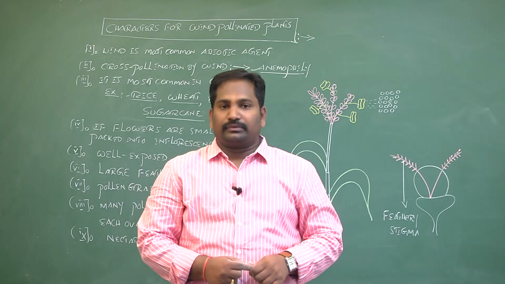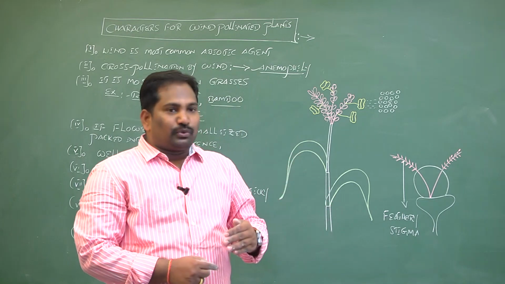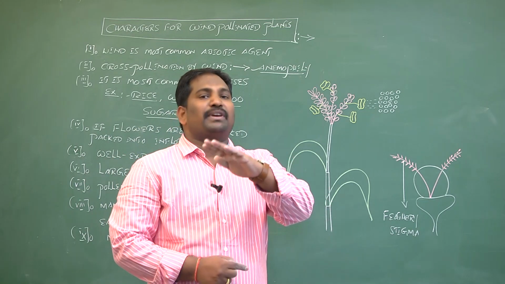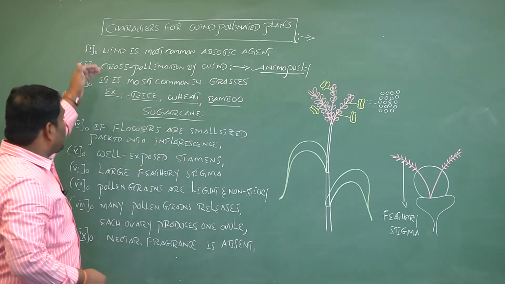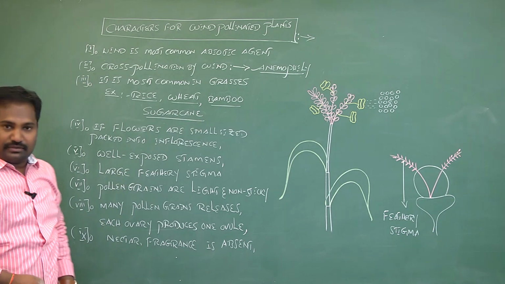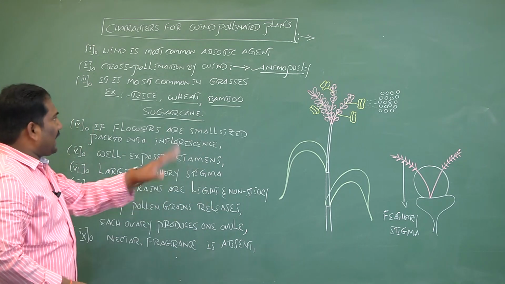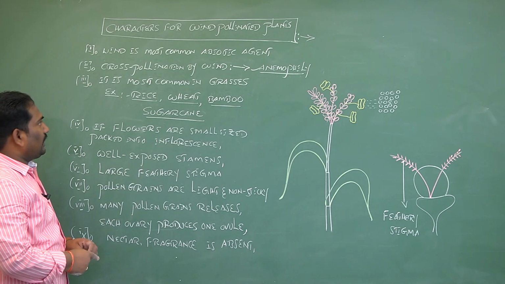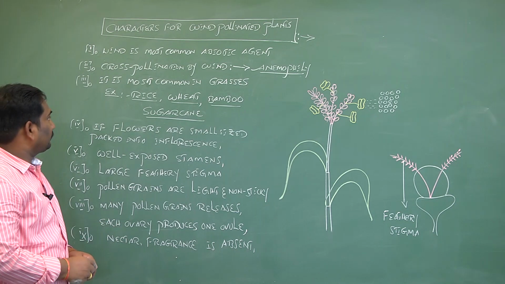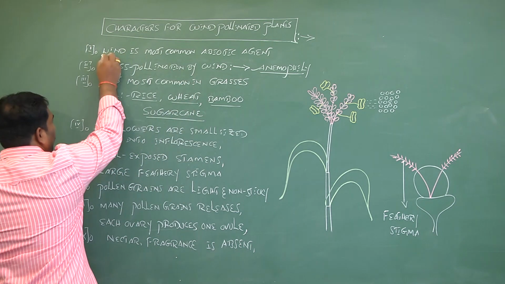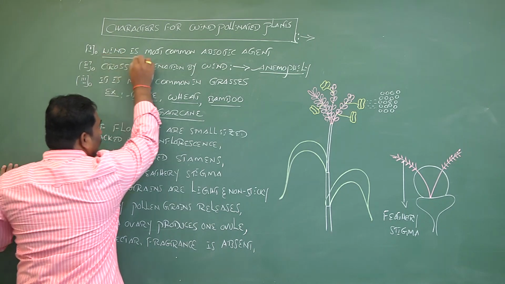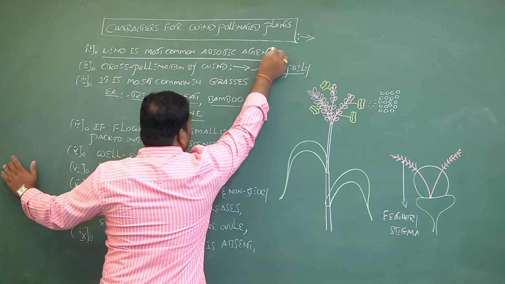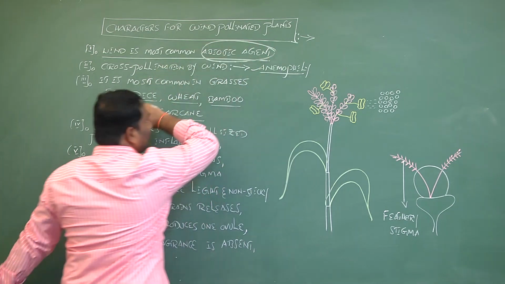In general, if a plant wants to exhibit pollination by wind, it must follow some different characters. The first characteristic feature of wind-pollinated plants: wind pollination is the most common abiotic agent.